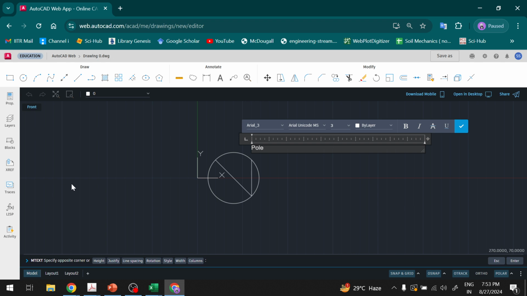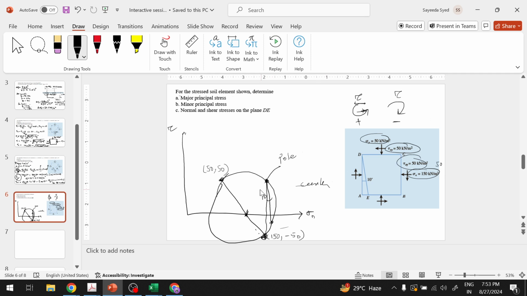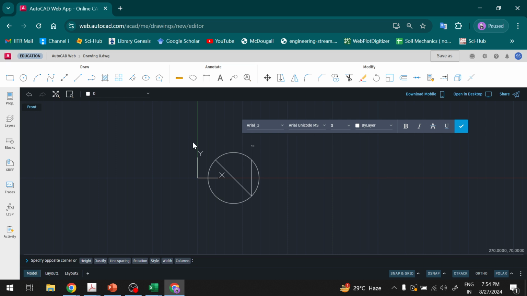And from the pole, we want to consider this as this side of the soil element. So we want to take a line 10 degrees to the east. Okay, so let's try to do that.